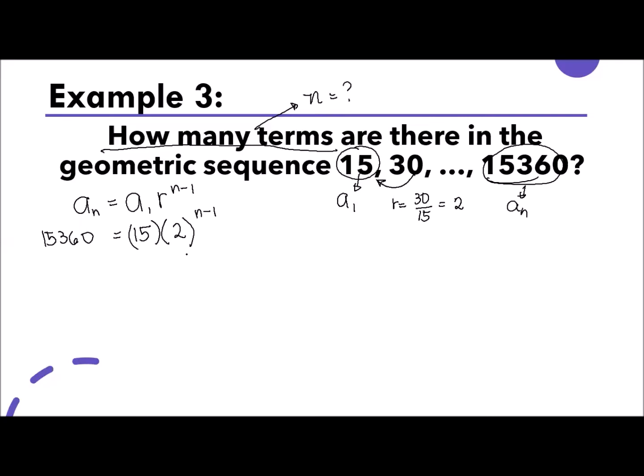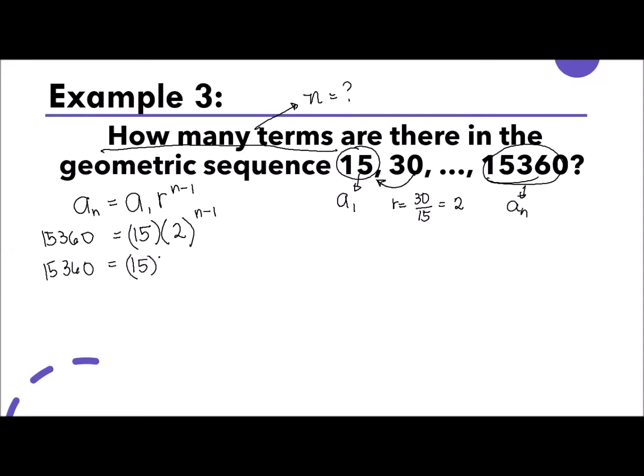So if that's the case, ang unahin natin ngayon ay dapat maiwan lang si 2 raised to n minus 1. So si 15, dahil this is like a factor, nag-multiply tayo, ano ba yung opposite na operation? So we're going to divide both sides by 15.